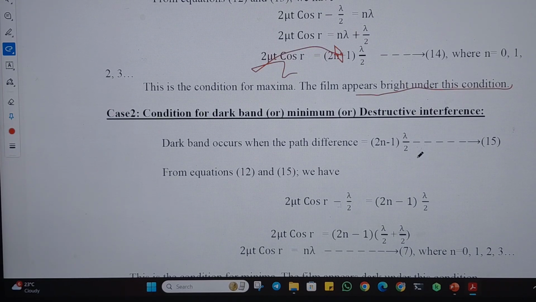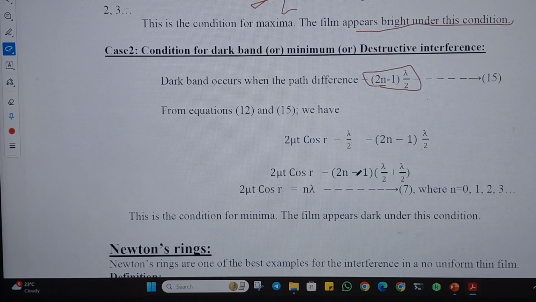The path difference will be 2n minus 1 into lambda by 2. So we can substitute the values here, 2 mu t cos R minus lambda by 2, as we already know the equation. Then 2 mu t cos R equal to 2n minus 1 into lambda by 2 plus lambda by 2. So we can take the common factor, that is 2 mu t cos R equal to n lambda.